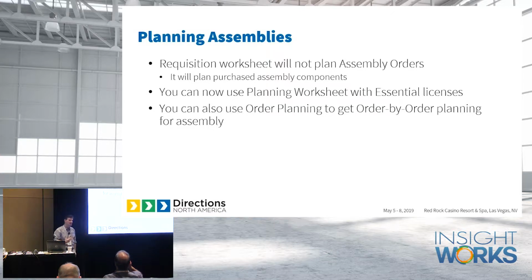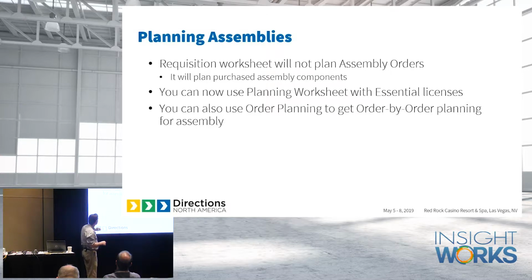Prior to that, planning assembly orders sucked because it was a weird gap. You could do assembly orders for light manufacturing, but you couldn't use the planning worksheet, the planning tools, to actually plan those assembly orders. They fixed that now. It's a licensing thing. It's still weird because we've got two things, requisition worksheet and planning worksheet, and anyway, we'll get into that.